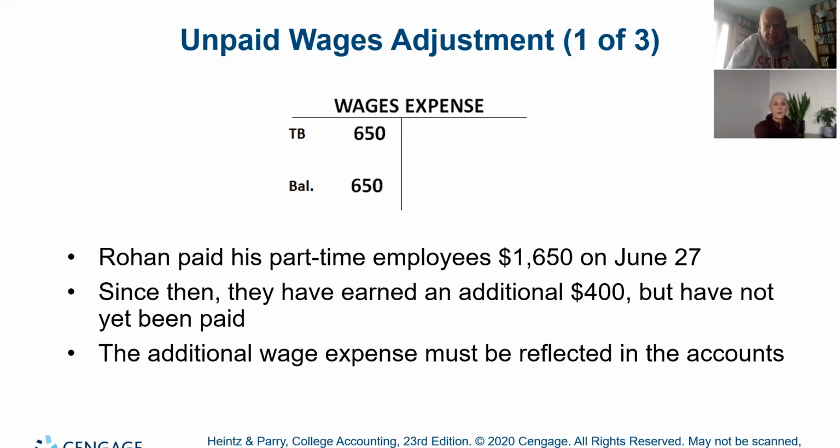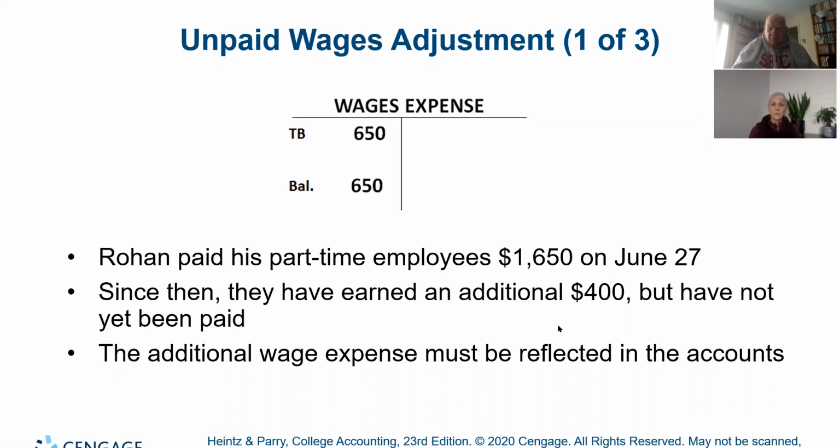Here is the classic accrual. Rohan paid his part-time employees $16.27 on June 27. Means he gave out the paychecks that day. Obviously, that's for all the work done up until a certain amount of time, right? But since then, employees have earned an extra $400 from the 28th, 29th, and 30th, but they're not going to get paid for another 12, 15 days maybe.